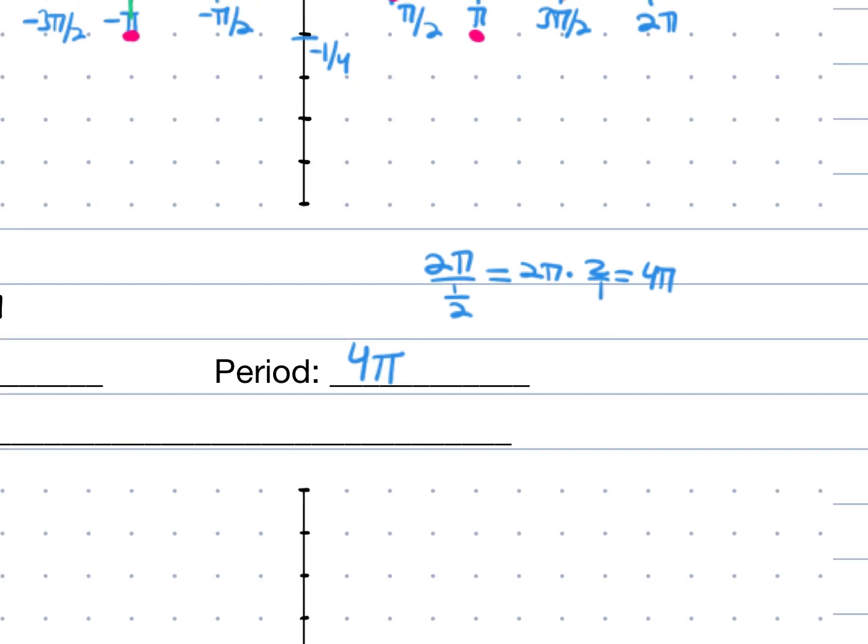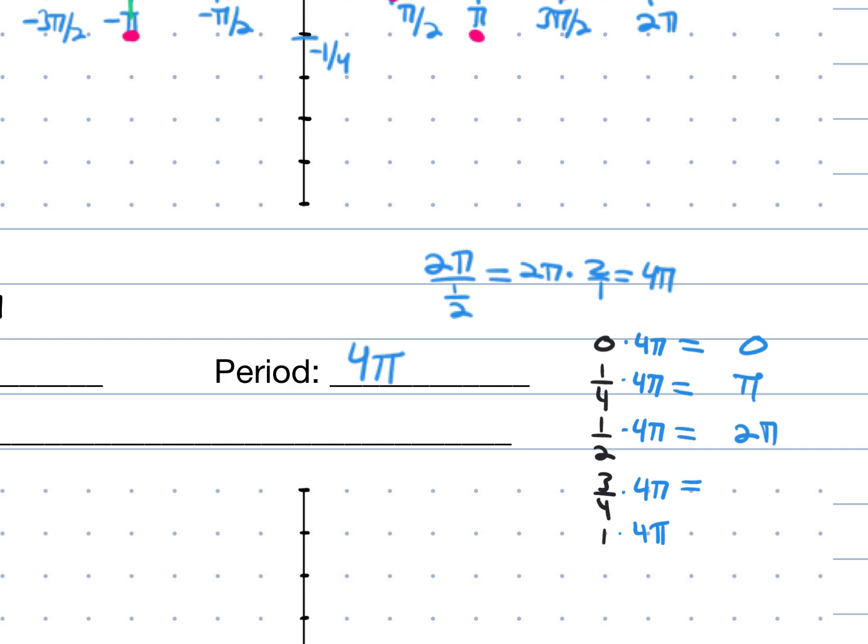And then you want to find your key points: 0, 1/4, 1/2, 3/4, and 1. And then multiply the period by all of these numbers. And then we end up with 0, pi, 2 pi, 3 pi, and 4 pi.